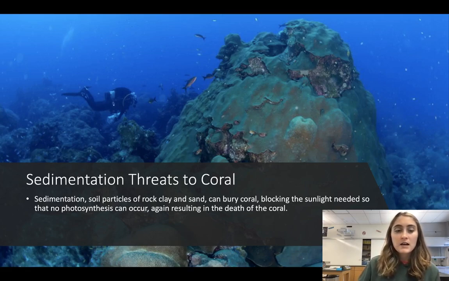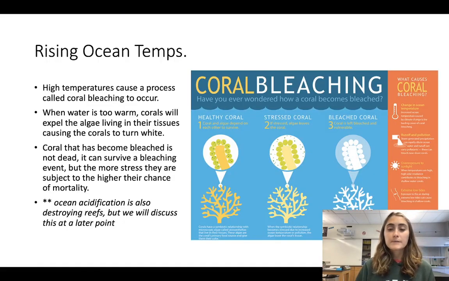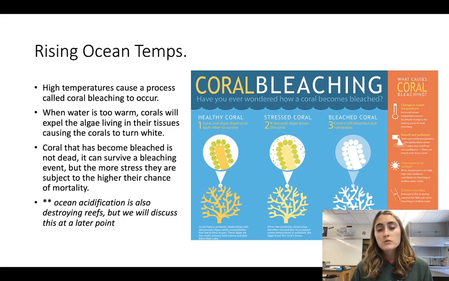So potentially it could decrease the amount of sunlight that's entering in that area. And then the last threat to coral reefs is going to be rising ocean temperatures. We'll talk a lot about what's killing corals a little bit later in our ocean acidification unit, but right now we're going to focus just on ocean temperatures.